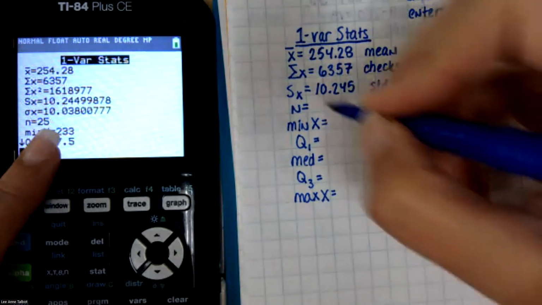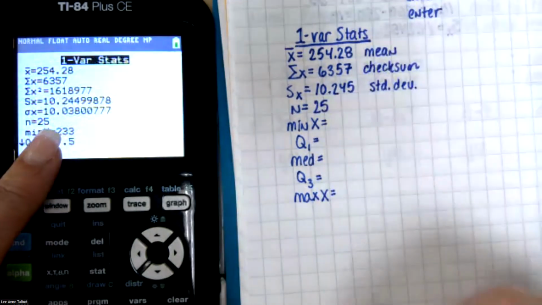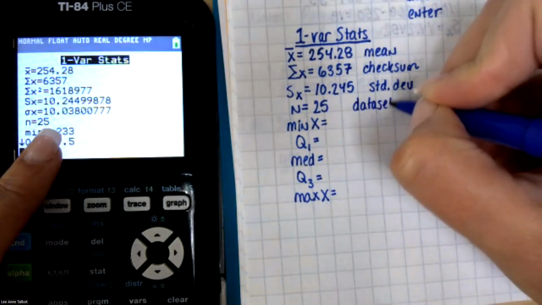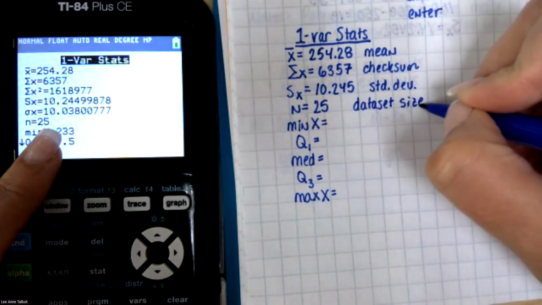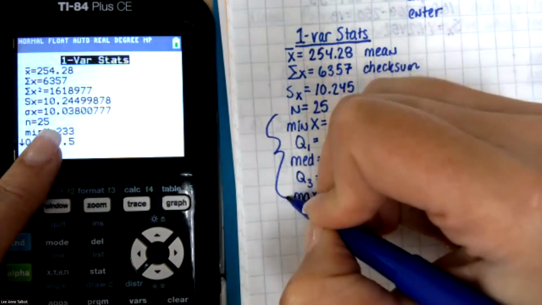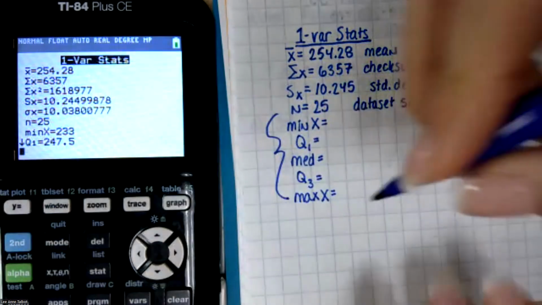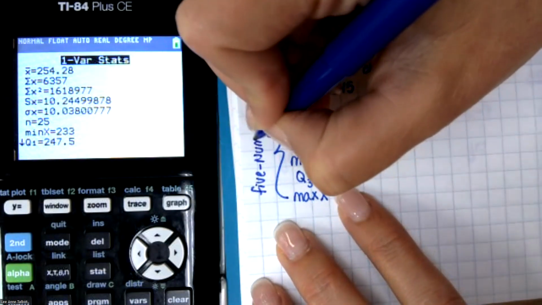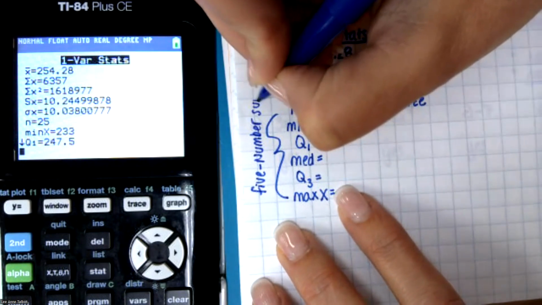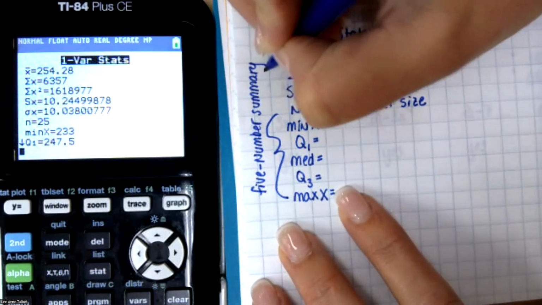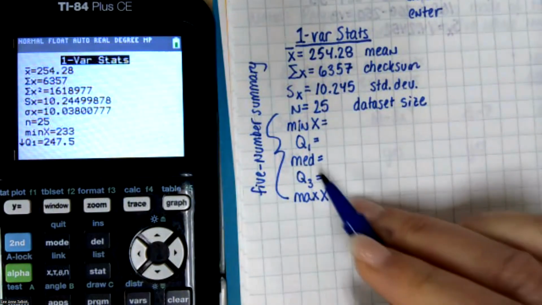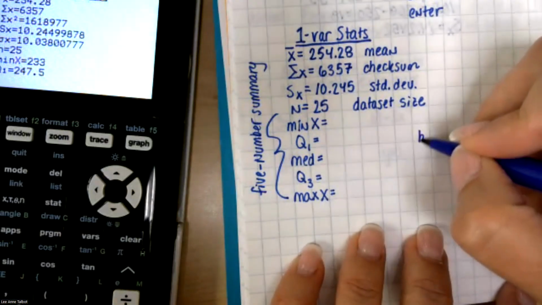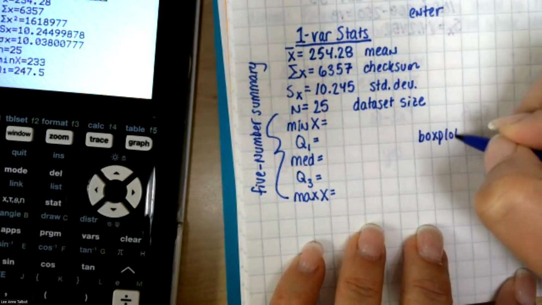So 10 point, and I go out 4 decimals, but this one would round to 245. N is how many numbers we typed into the list. Okay, and then these 5 on the bottom are called the 5 number summary. These 5 down here at the bottom are called the 5 number summary. And those are the ones we use to make our box plot.